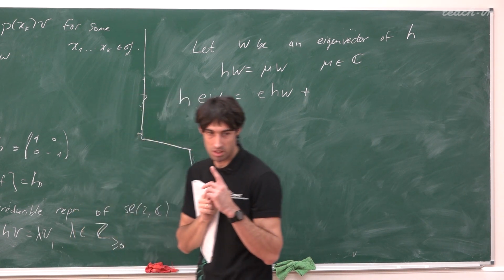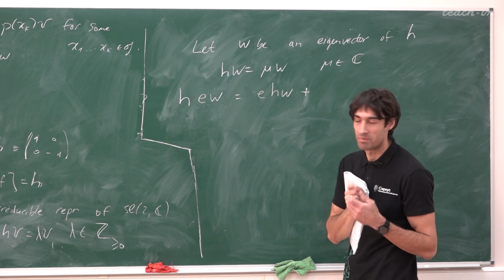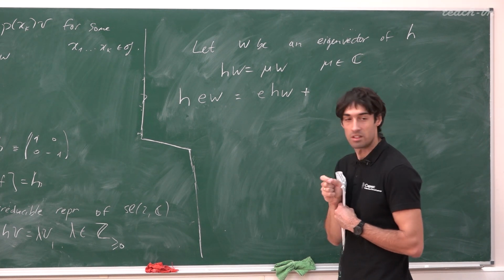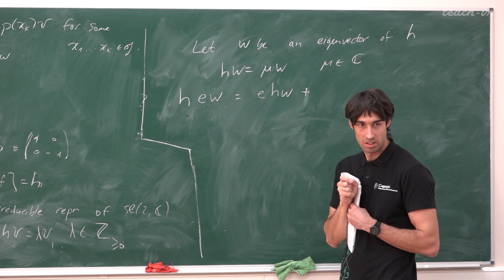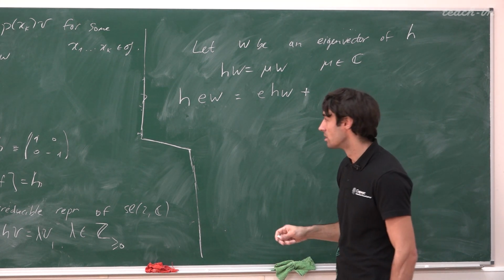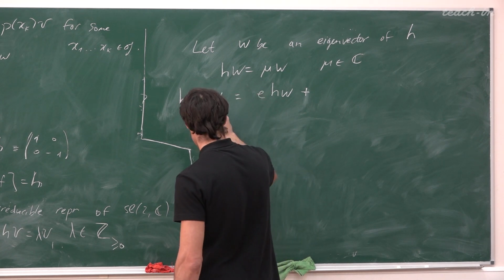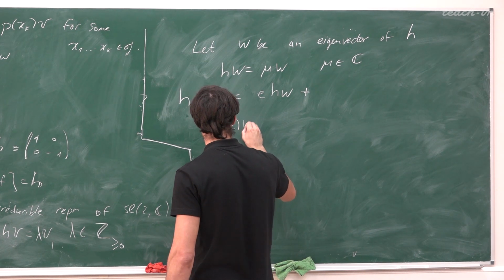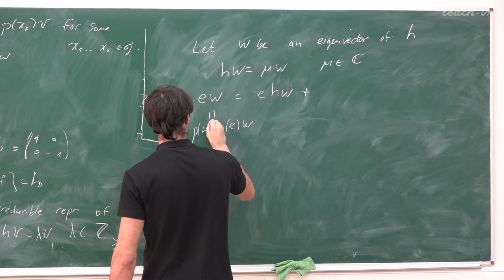But this multiplication is just in the representation, these are matrices. And then we use that it's an algebra representation, so we can use a commutator. So this is correct.